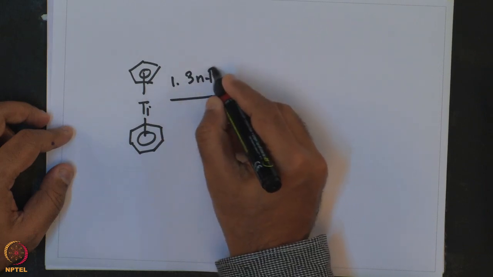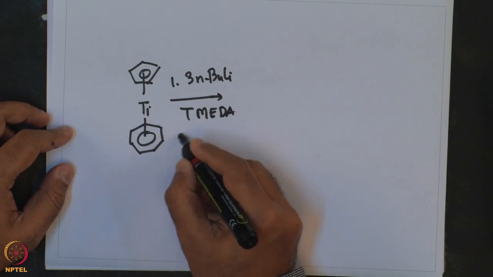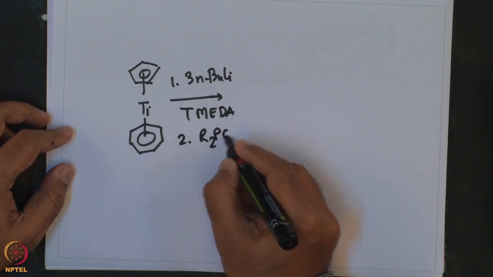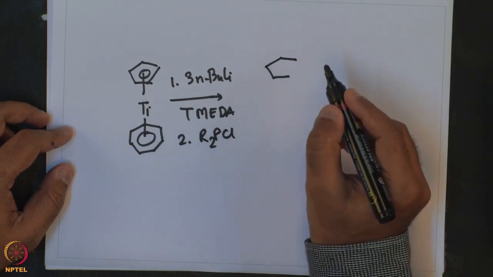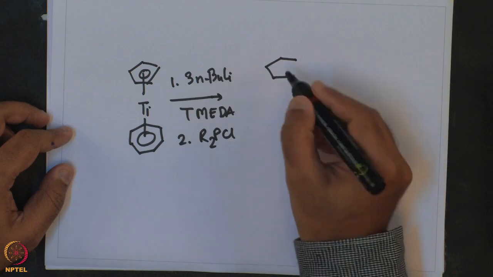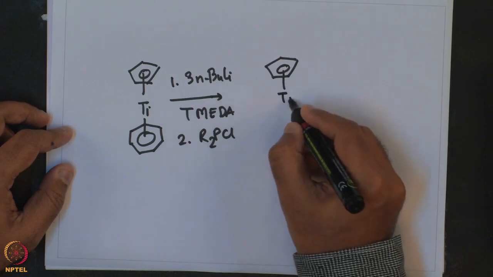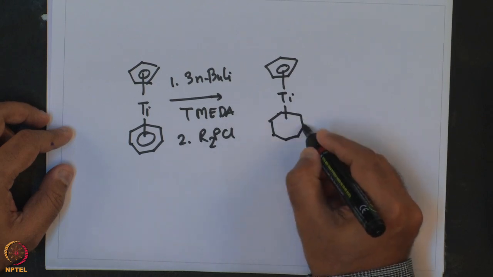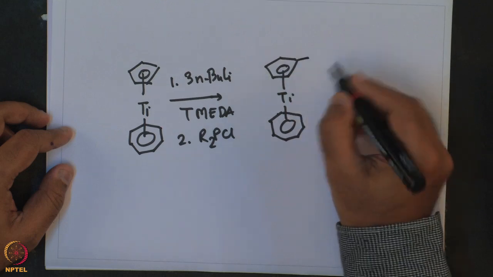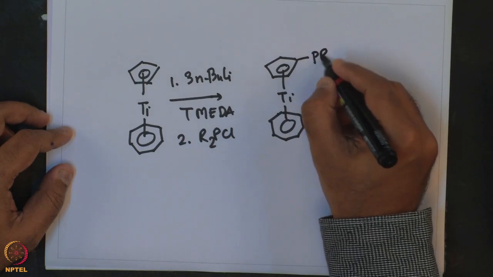The reagents are: first, n-butyl lithium with TMEDA, and second is R2PCl, giving this dilithiated product where the phosphonation which arises after lithiation happens in two different rings.